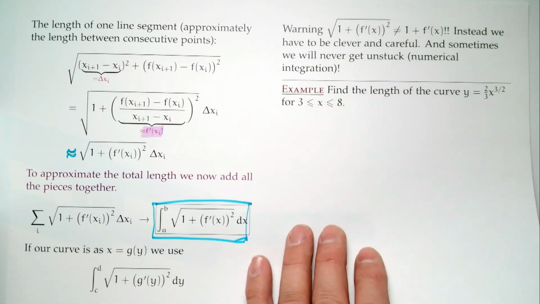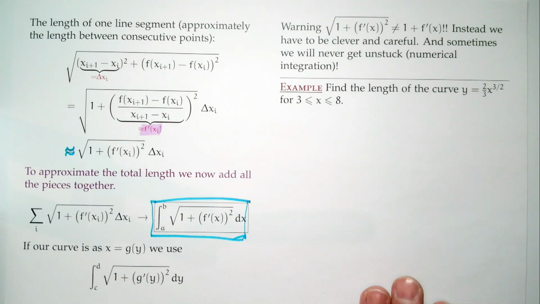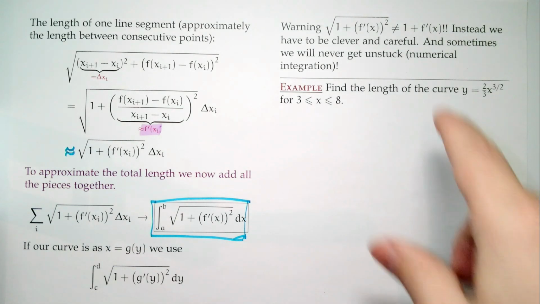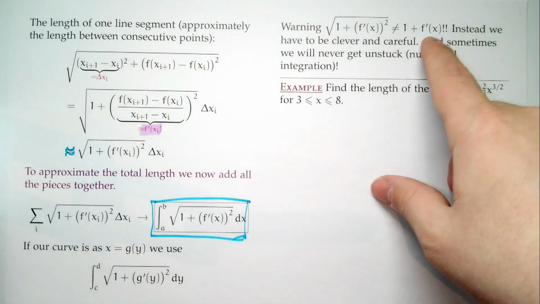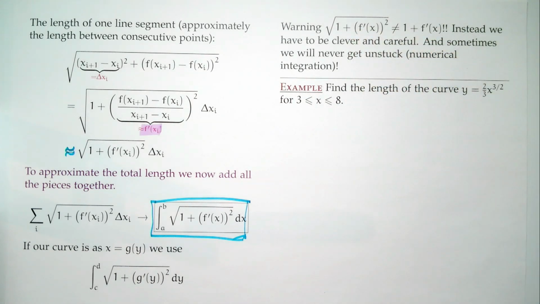One word of warning, and we say this many, many times, but no matter how often we say it, people don't believe us. Square roots are not as nice as you want them to be. So in particular, if you have a square root of 1 plus f prime of x squared, you're like, oh, I'll know what to do. I'll just take the square root of 1, and the square root of f prime of x squared would be f prime of x.